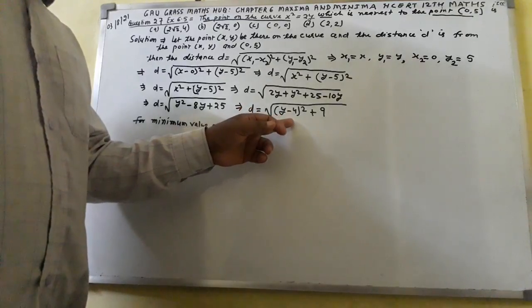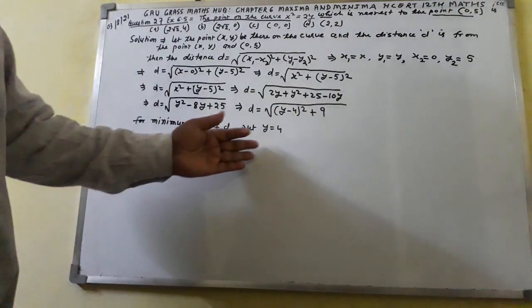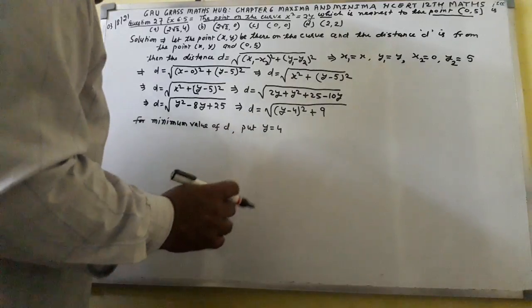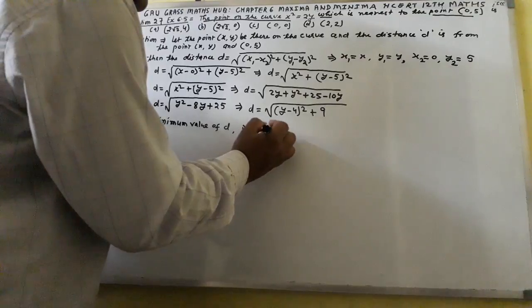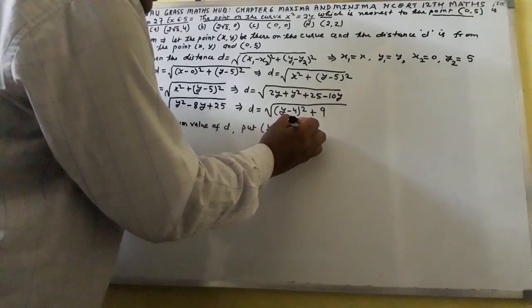4 minus 4 comes up to 0. 0 whole square will get here 0. The distance will be minimum. So the value of y, you have got y equal to 4. For minimum value of d, put (y minus 4) whole square equal to 0.